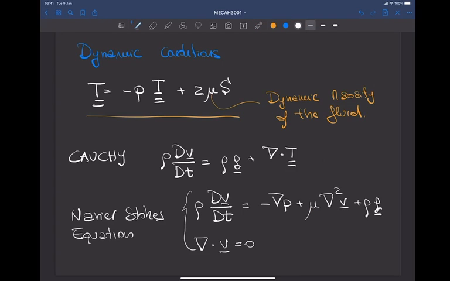So in other words, the unknowns here are the pressure and the velocity, while the density and the viscosity are from constitutive relations, and the orange ones are unknowns.